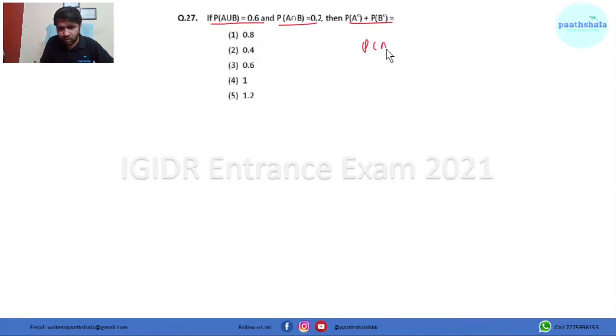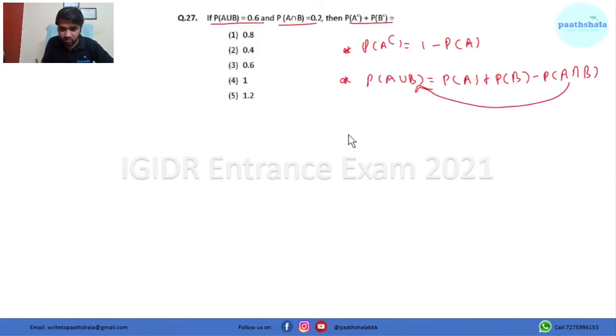So we know that probability of A complement equals 1 minus probability of A. This is the first thing that we are going to use, and the second thing is that probability of A union B equals probability of A plus probability of B minus probability of A intersection B. If we transfer this term to the left side, this will become probability of A union B plus probability of A intersection B equals probability of A plus probability of B. Okay, so let's apply this.